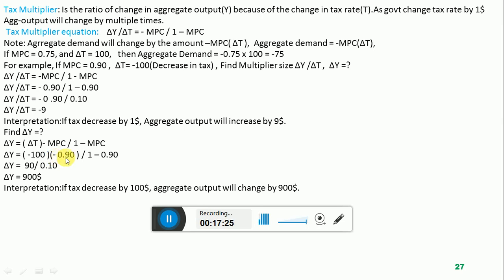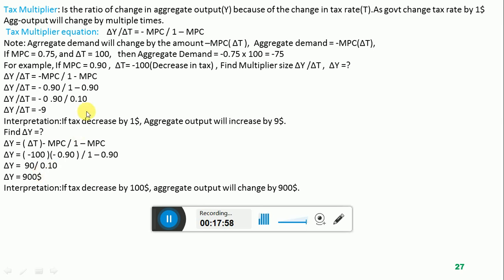So we multiply minus 0.90 whole divided by 1 minus 0.90 with this minus 100. This is minus 100 multiplied by minus 0.90, which is plus 90, and plus 90 whole divided by 0.10. This is $900 million.